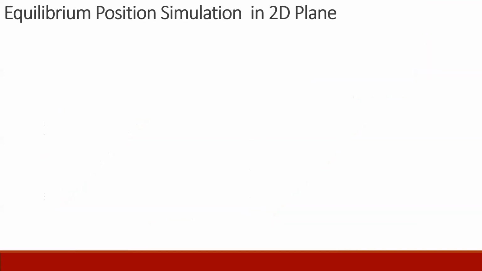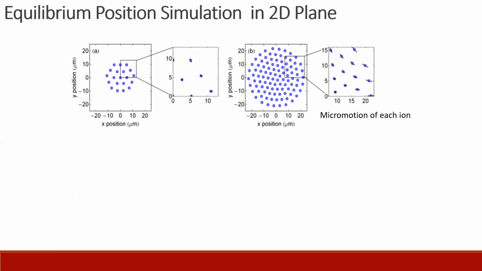The fact is that we are using RF voltages to drive our trap. This will cause a driven motion called micromotion. Due to this micromotion, there are no longer equilibrium positions for the ions in the trap.